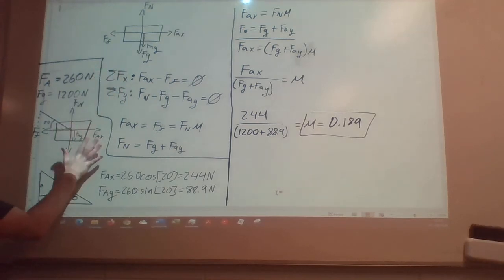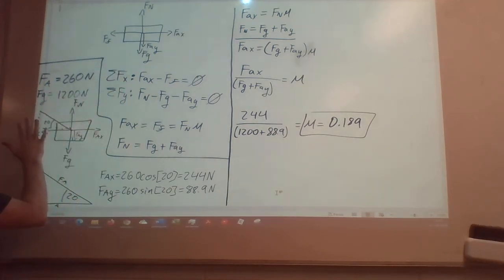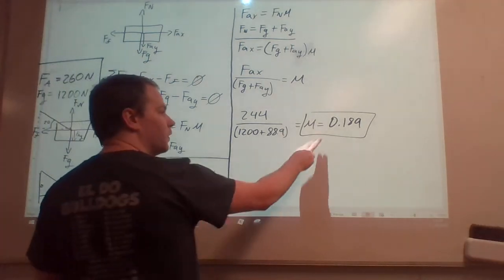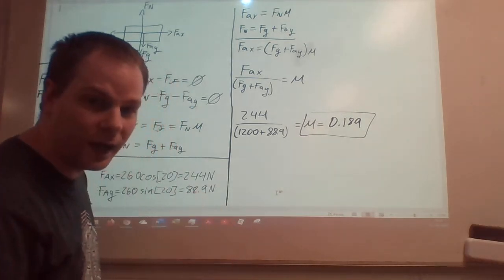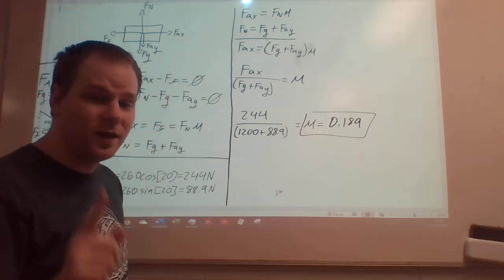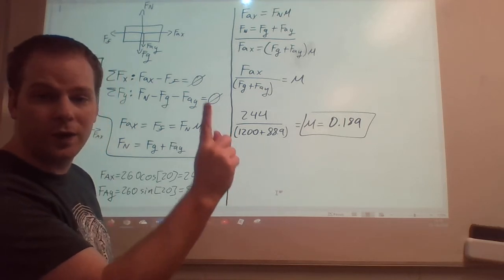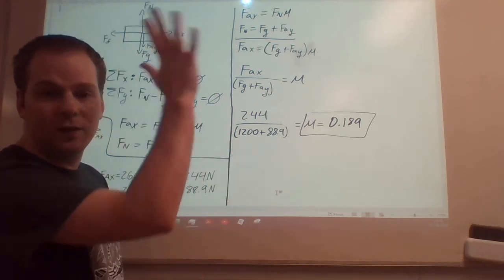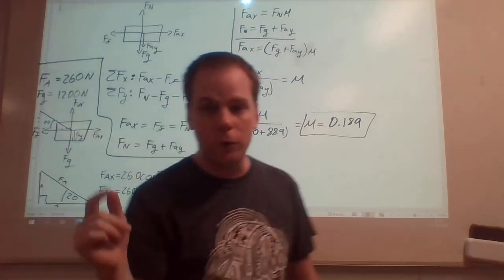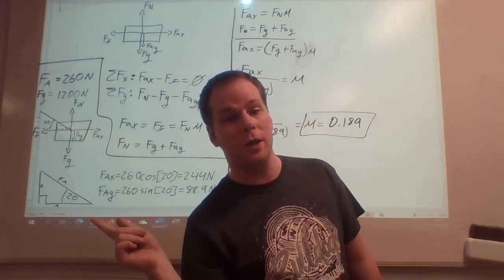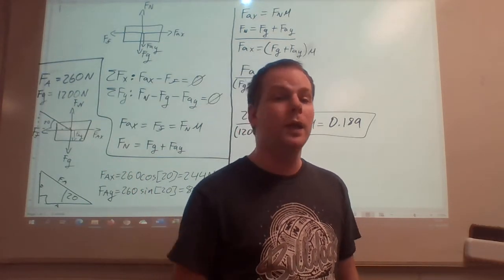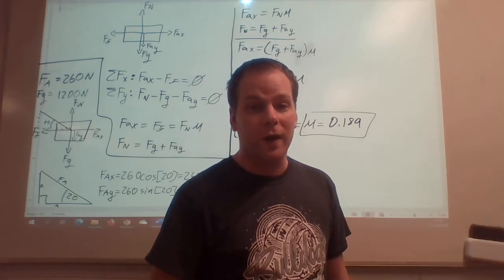So we will have to write a new free body diagram, which means that we will need new sum of forces equations. But it tells us that the coefficient of friction is the same. And it tells us that this time we're accelerating. So we cannot set our sum of forces equal to 0. So I'm going to erase all this, draw a new free body diagram and a new triangle, and then I will be back once I have done that.